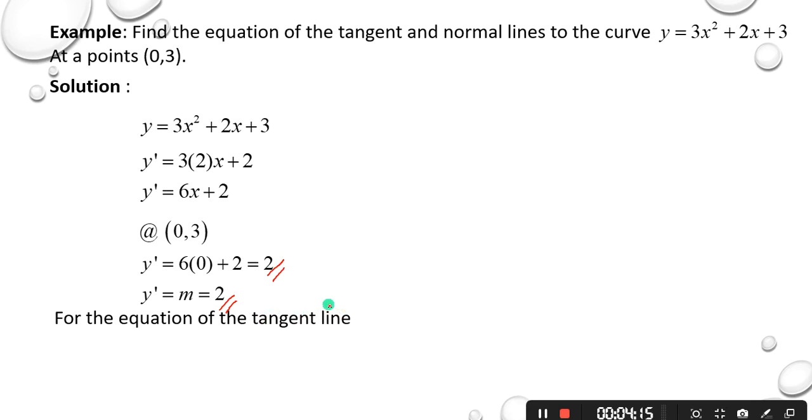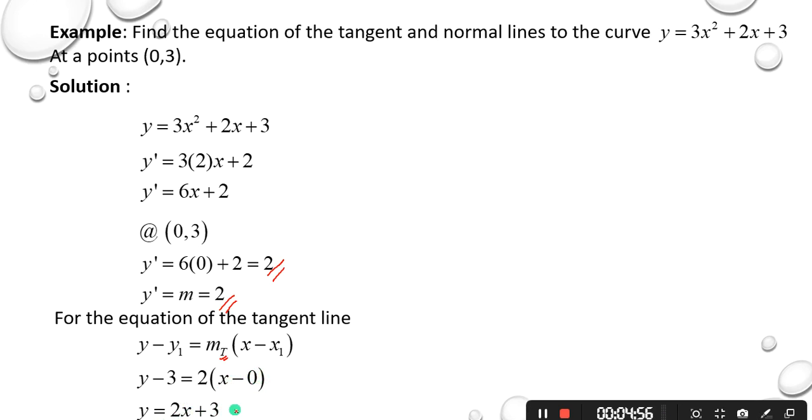For the equation of the tangent line, we use the first derivative, the value of m. In the general form of the line, we plug in the values of y1, x1, and the slope. We indicate t for the tangent line. y minus y1 equals m sub t times x minus x sub 1. y minus 3 equals 2 times x minus 0, which gives us y equals 2x plus 3.